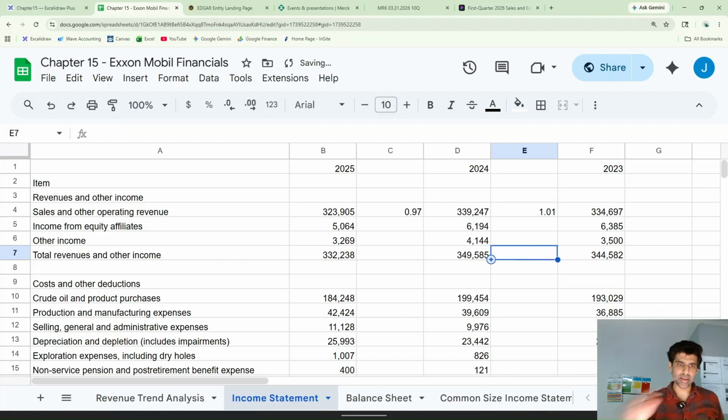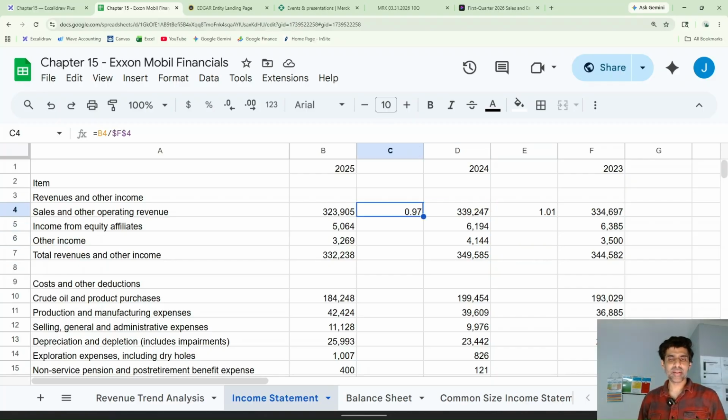You can see that we have some volatility in the revenue here. It's going up and down, fluctuating, and this year it went up a little bit, and then this year it's down from the base year. You could do this for all of the different accounts.